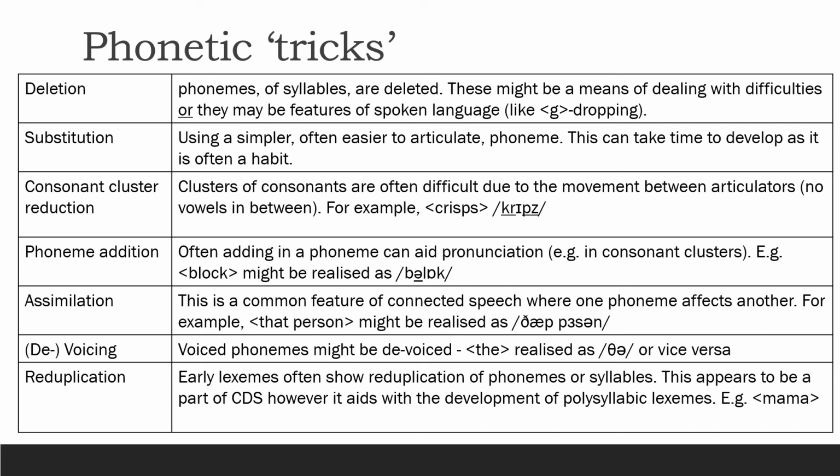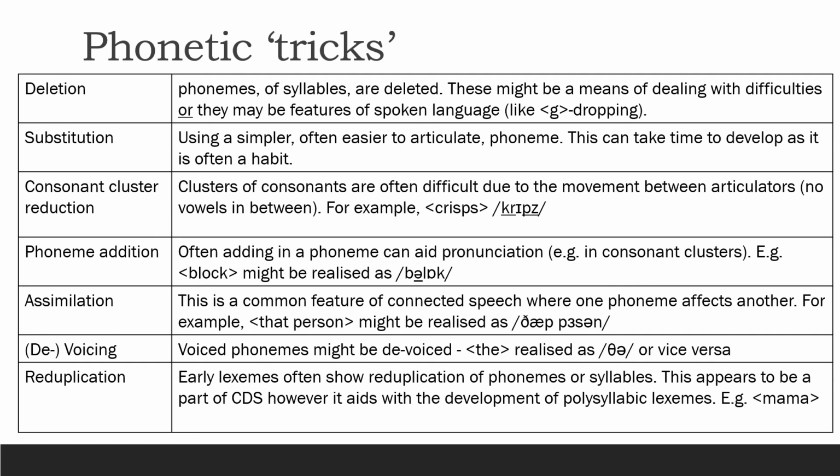So there's quite a lot of work going on there in terms of articulation and in terms of the manner of articulation as well as the place. So we've got the S sound, which is a fricative, the P sound, which is a plosive, and then back to a S sound, which is a fricative. So quite a lot for a child to do to create the sps at the end. And so it's not unusual for us to hear crips, okay?